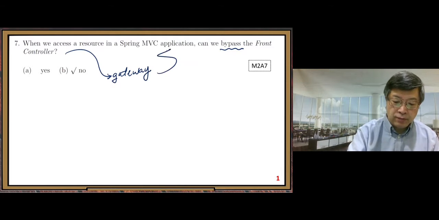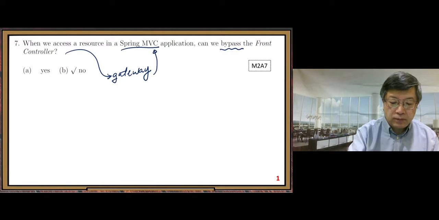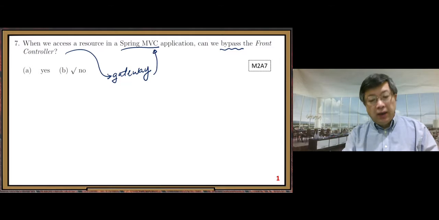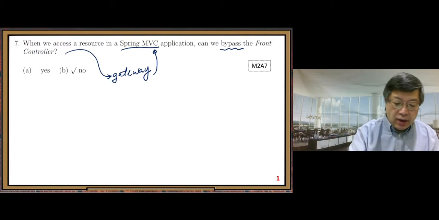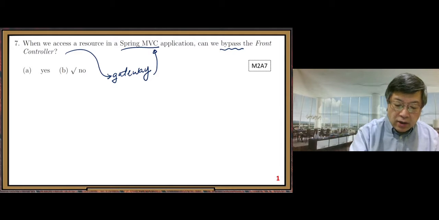of the Spring MVC. And another important thing, other than that gateway, after you pass the front controller, the front controller has some URL pattern.